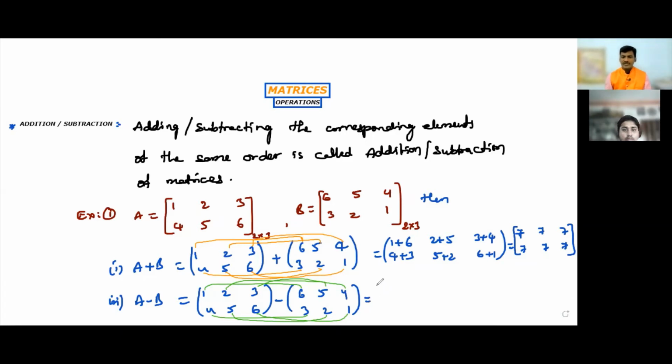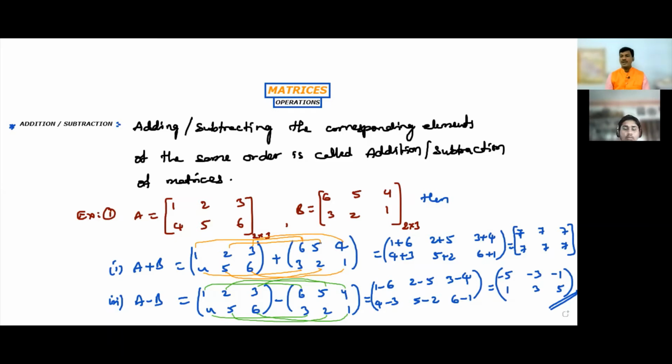So that is 1 minus 6, 2 minus 5, 3 minus 4, 4 minus 3, 5 minus 2, 6 minus 1. 1 minus 6 is minus 5, 2 minus 5 is minus 3, 3 minus 4 is minus 1, and then 1, 3 and 5. So this is addition or subtraction of two matrices.